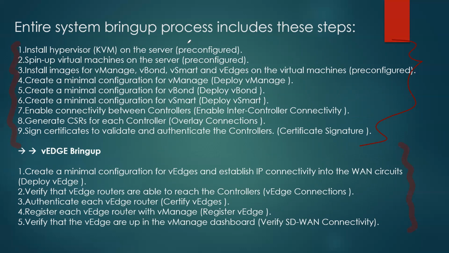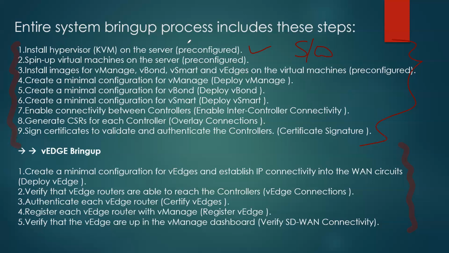Okay, so let's start with controller deployment. Here you can see: install the hypervisor, which means you need some sort of compute, either KVM or ESXi or any type of virtual environment, because remember one thing, all these controllers are software. vManage, vSmart and vBond are software.